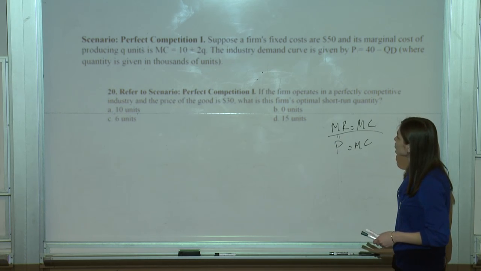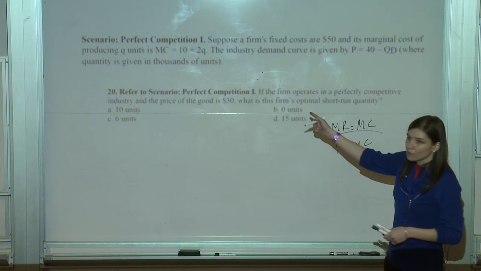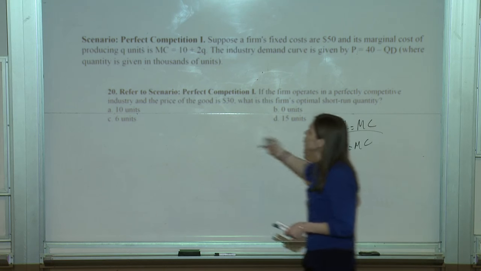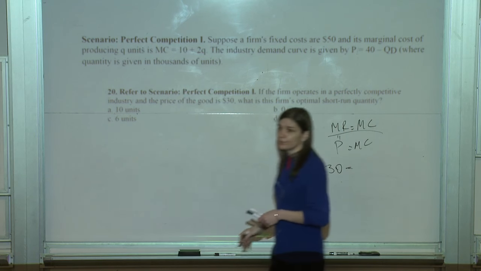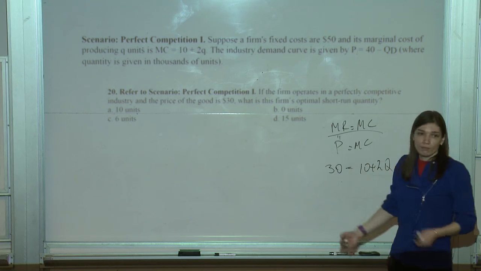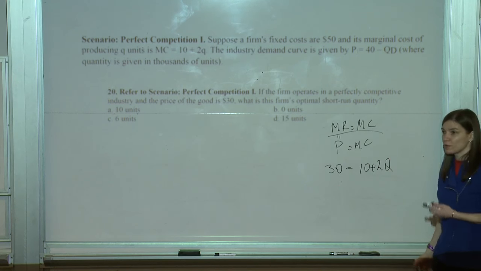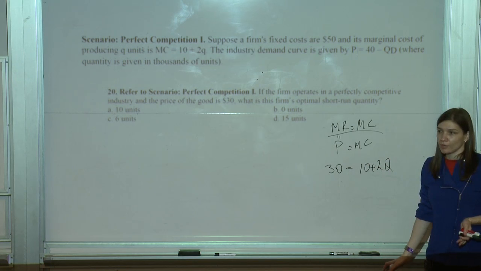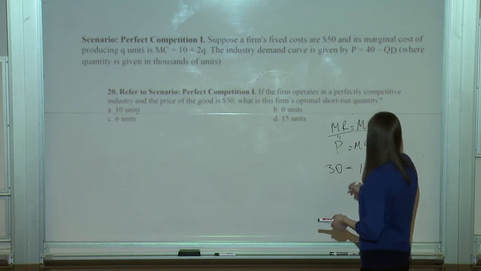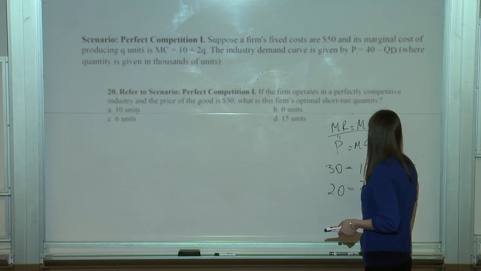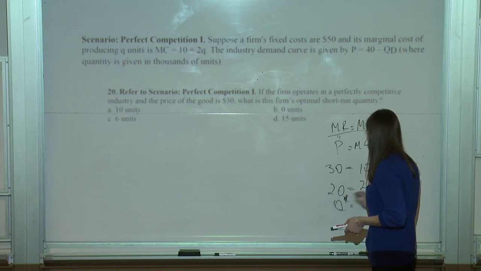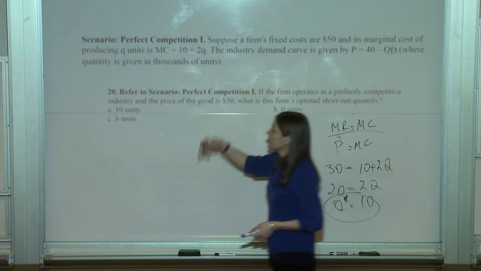Well, the price here is what? 30, it says. And marginal cost, I know the formula, it's 10 plus 2Q. Now I can find the optimal quantity produced by each firm in the short run. Agreed? All right, so 20 equals 2Q, or the quantity is 10. That is A.